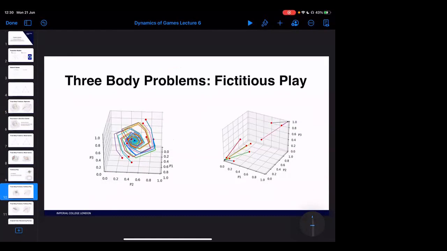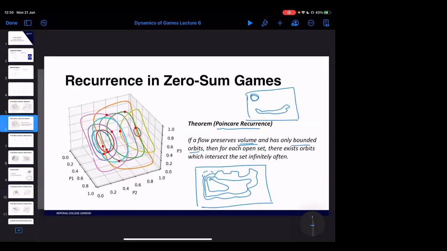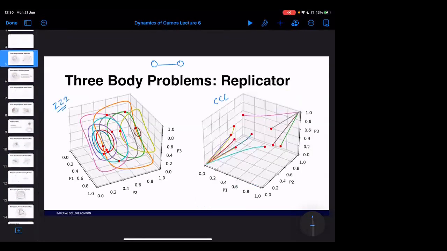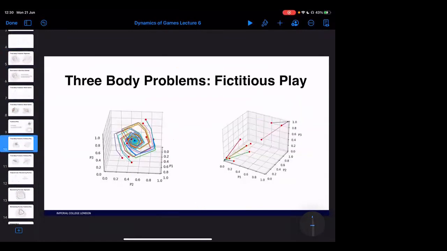And actually, again, for zero-sum games, this is the part that has been done. The analysis has been done for this bit. In fact, it was shown very recently, in 2020, that fictitious play in these zero-sum networks is going to converge to a Nash equilibrium.